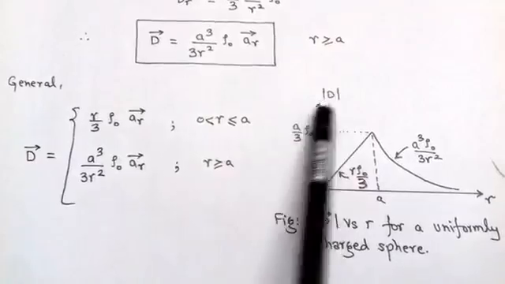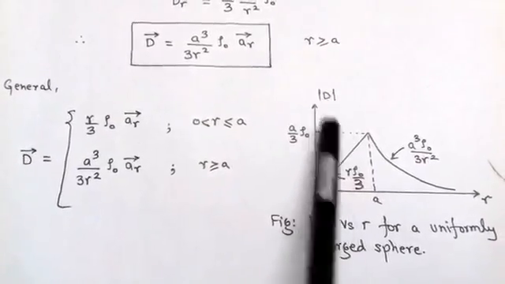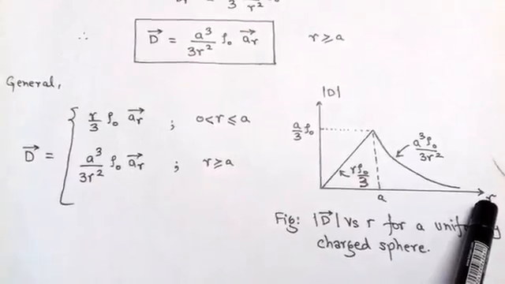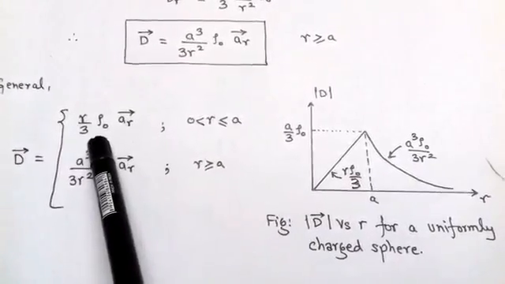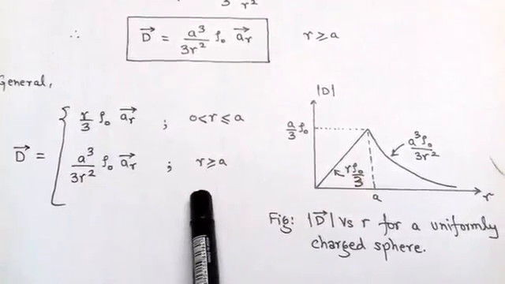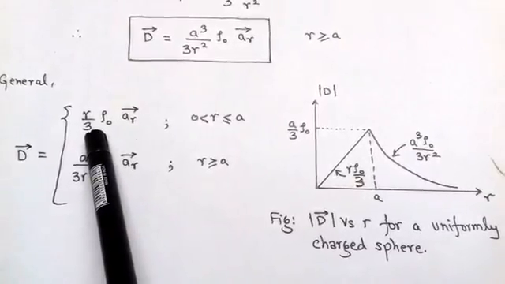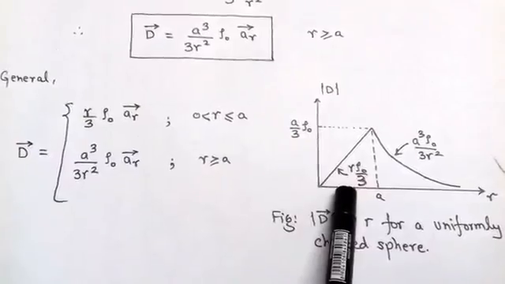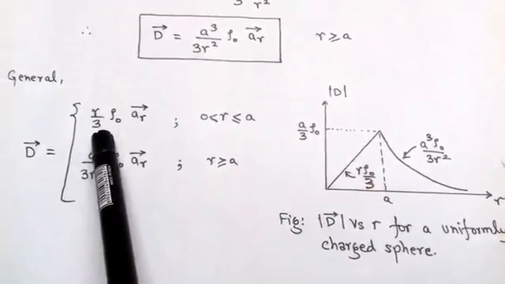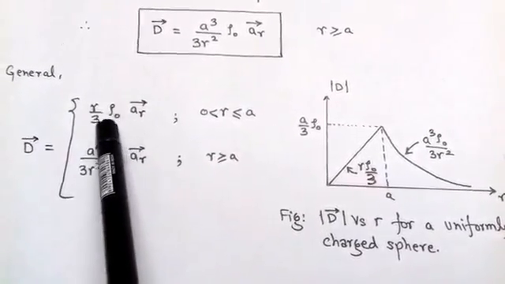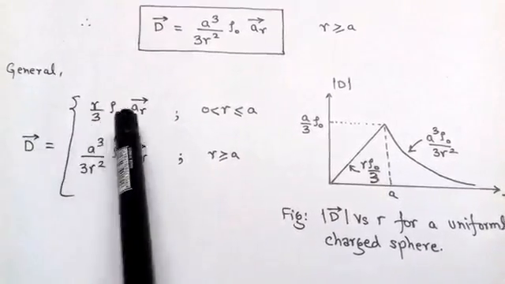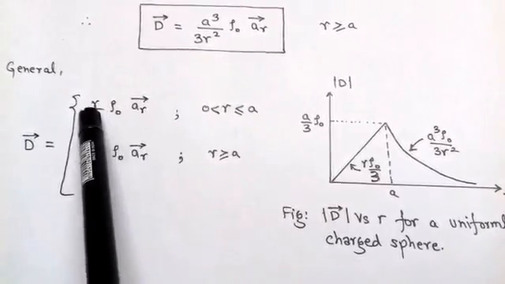Now from the first case we see that the magnitude of vector D is r upon 3 rho naught, and you can say that D is directly proportional to small r, since rho naught upon 3 is a constant value.